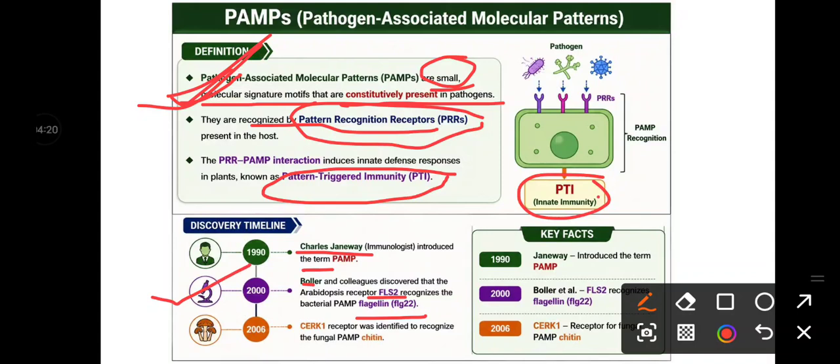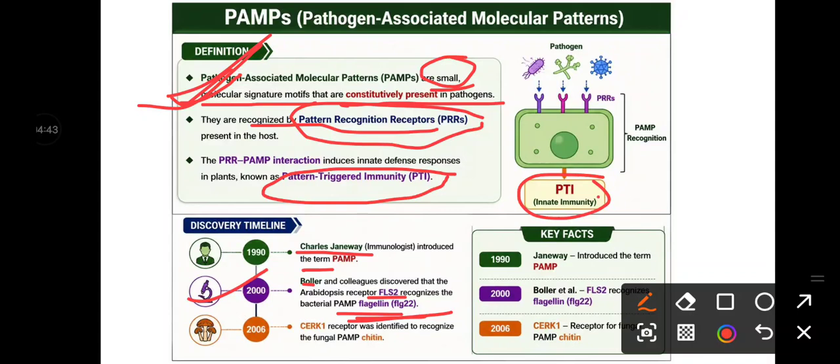This is the first PAMP and PRR combination discovered. Remember this: Boller et al. 2000 discovered FLS2, the PRR, and the first PAMP molecule discovered is FLG22, that is a flagellin protein.